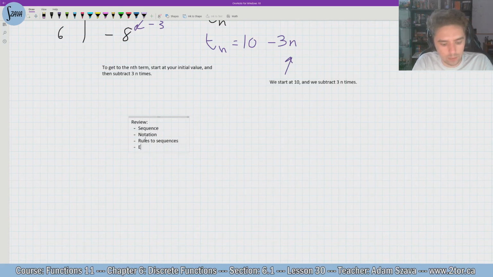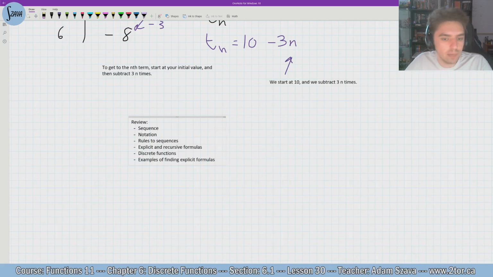We talked about explicit and recursive formulas, and implicit formulas, something slightly different. And then we talked about how it is a discrete function. We talked a little bit about discrete functions, and then we did some examples of finding explicit formulas.